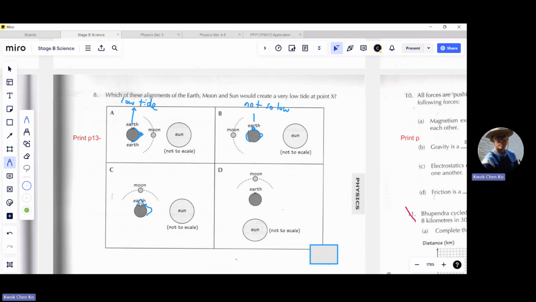So it won't be a low tide at all. Here, even better: the water is pulled towards here, but I see some water being pulled towards there. So it has to be concentrated in one area. Therefore, the answer would be the one that pulls the most of the water away from X.